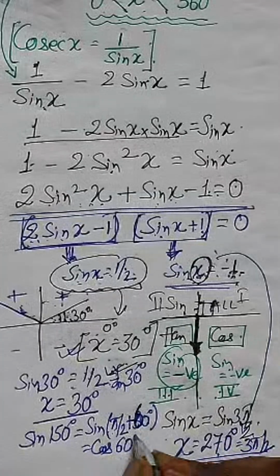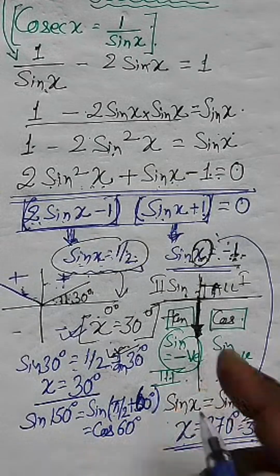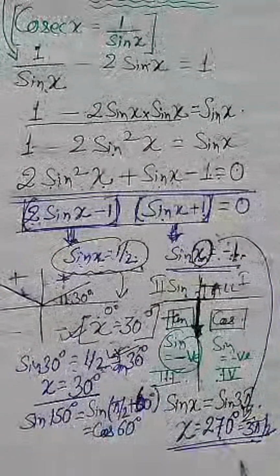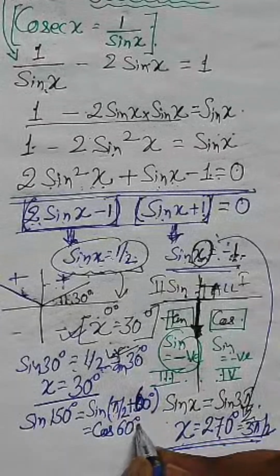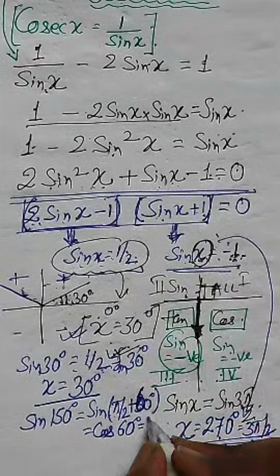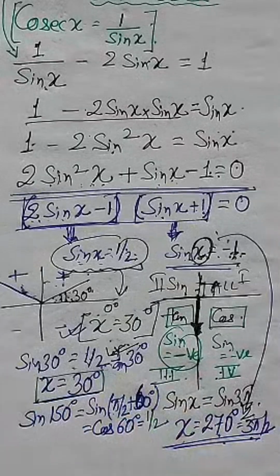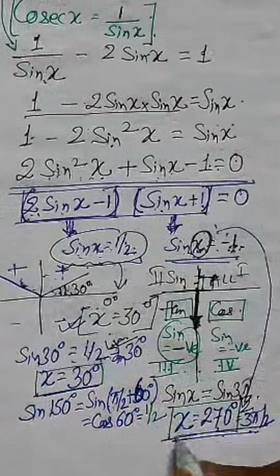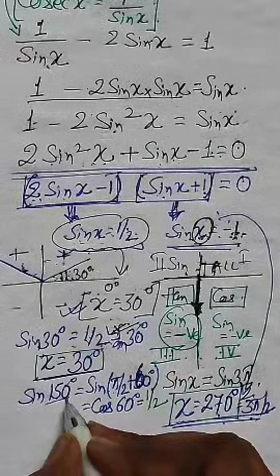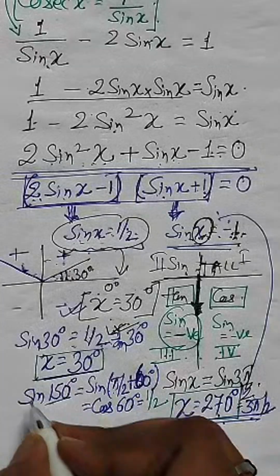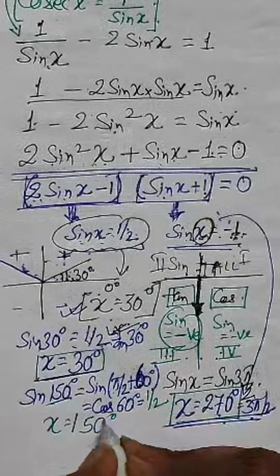Here you can see cos 60, and the value of cos 60 degree is the same, 1 by 2. That's why it gives you the value 1 by 2. So x equal to 30 degree is one of the solutions, x equal to 270 degree is another solution, and from here you can see the value of x is also calculated as 150 degree. So x equal to 150 degree is another solution.